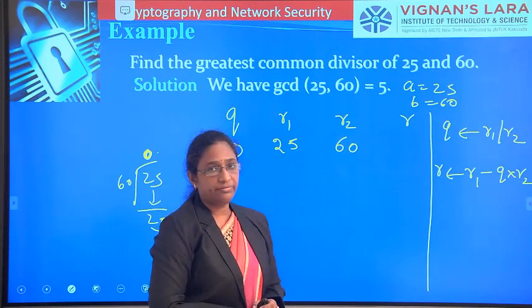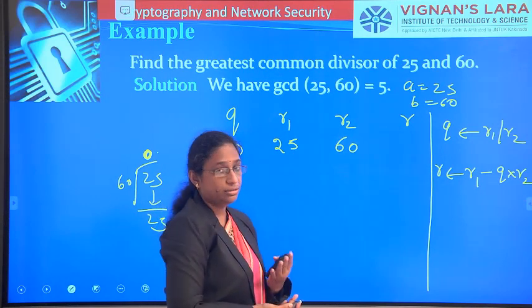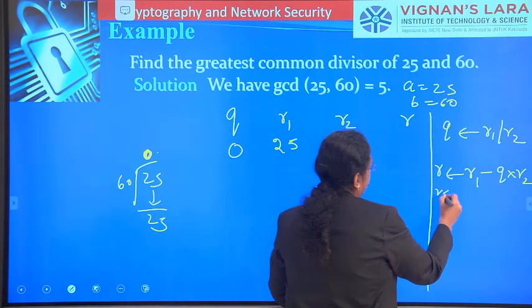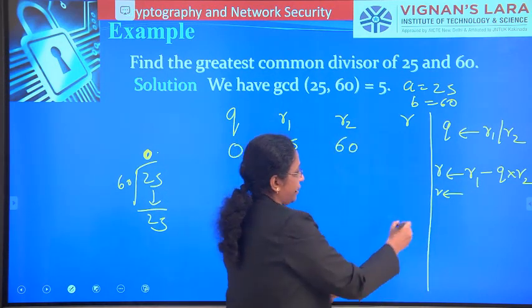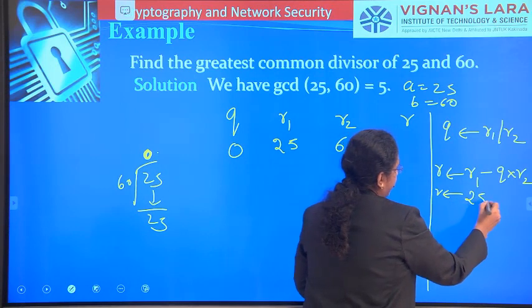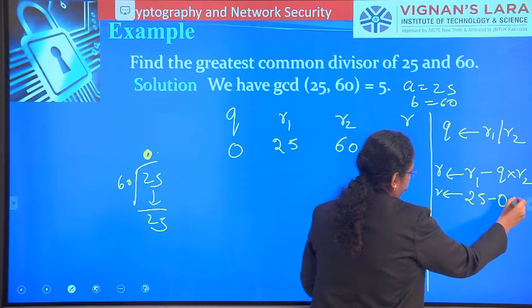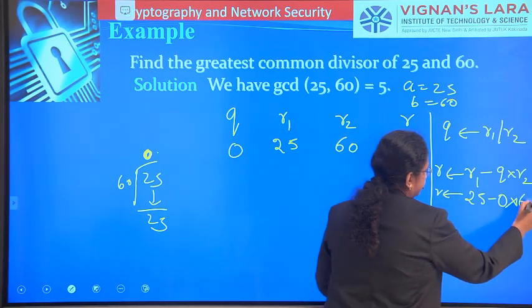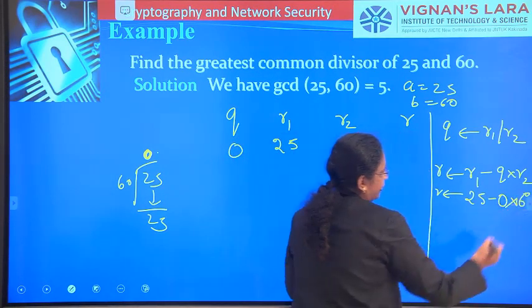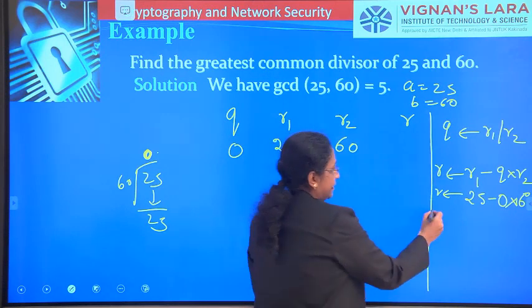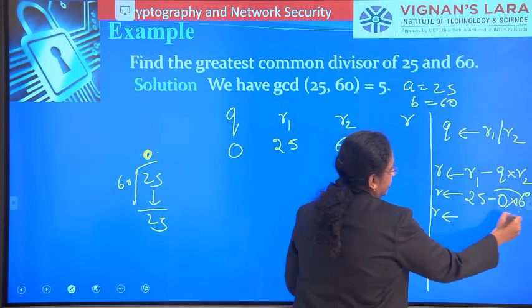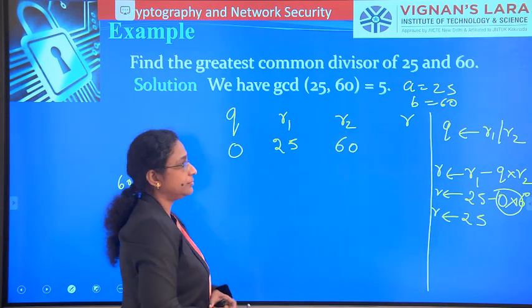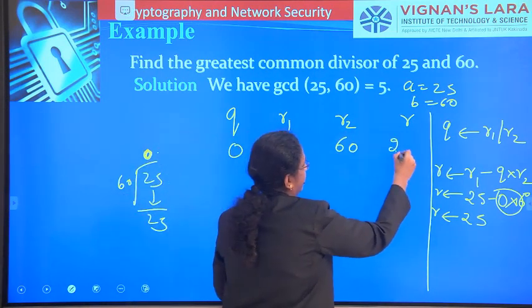Here R1 is 25, minus quotient 0 into R2, which is 60. Since the product becomes 0, the R value will be 25. So R will be 25.